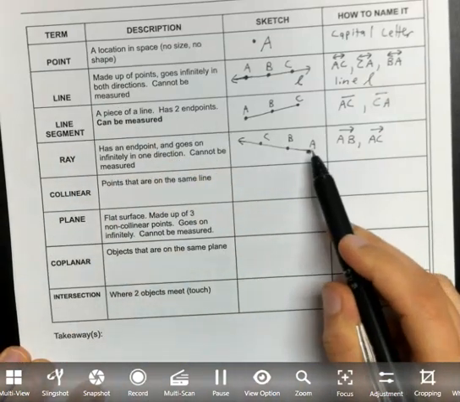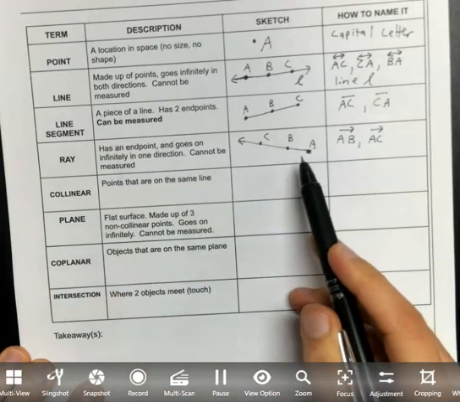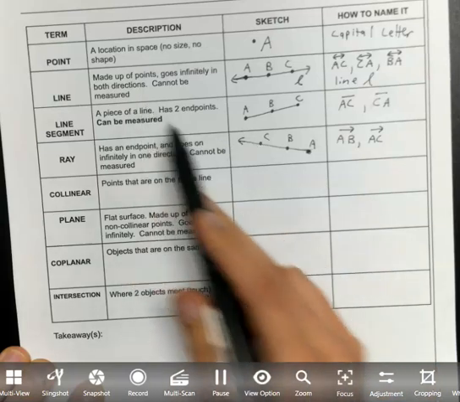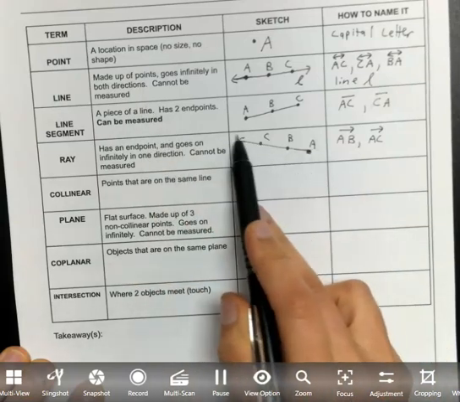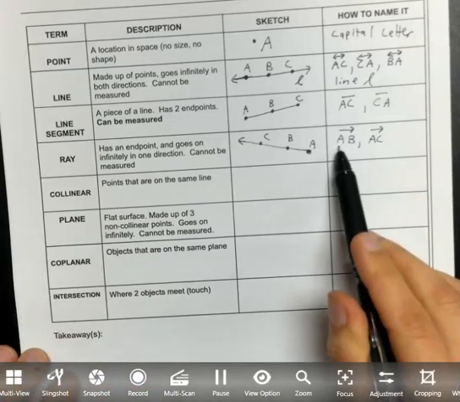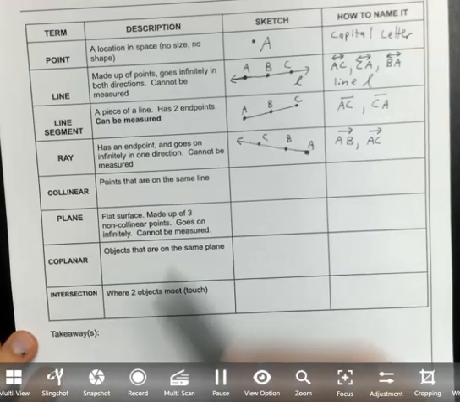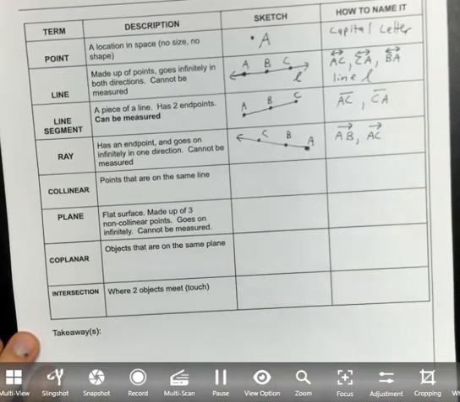Or I can say starting from A to any of the other points. The main important thing is A has to be included because that's an endpoint. Okay? And then don't forget to draw your ray on top.